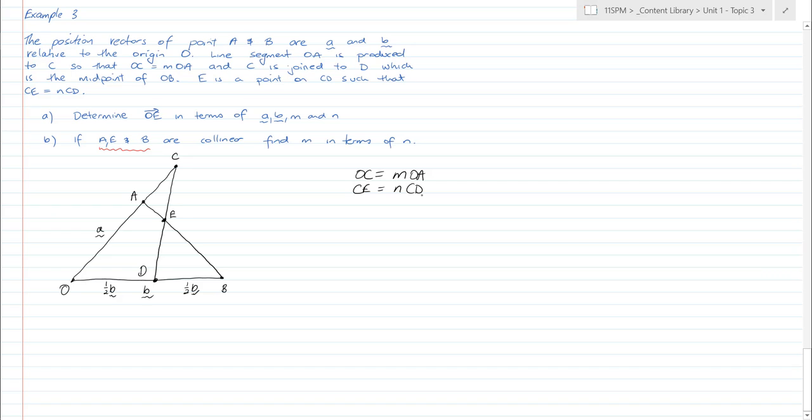So now the other thing I know here is that if CE is equal to N of CD, then N is less than 1, M is greater than 1. There's two pieces of information. N and M are both scalars. So there's my diagram. Any questions about the diagram?